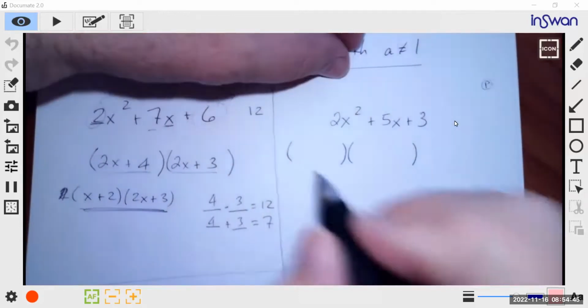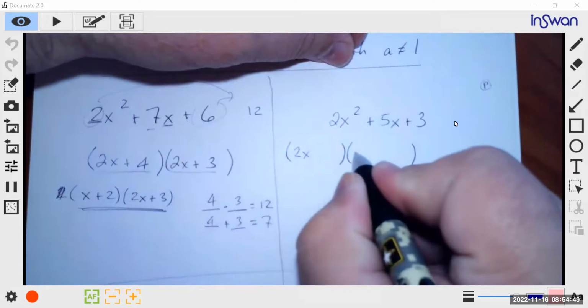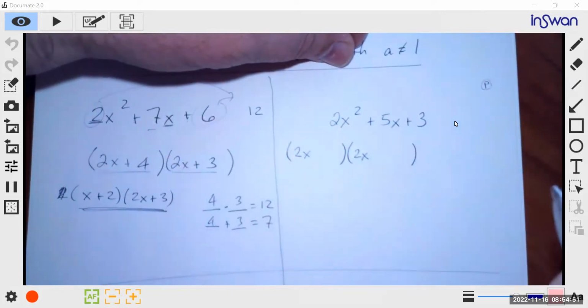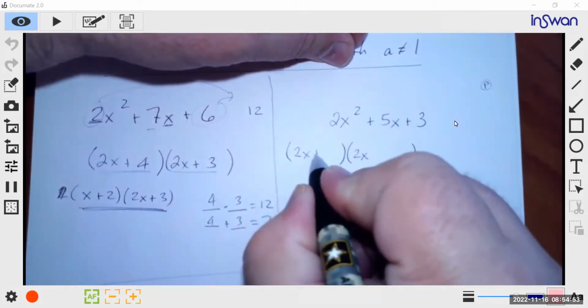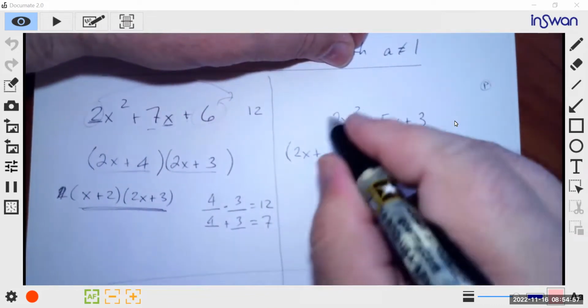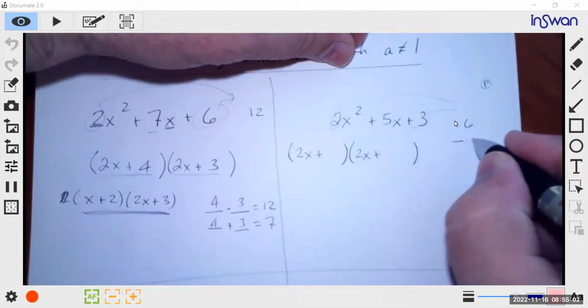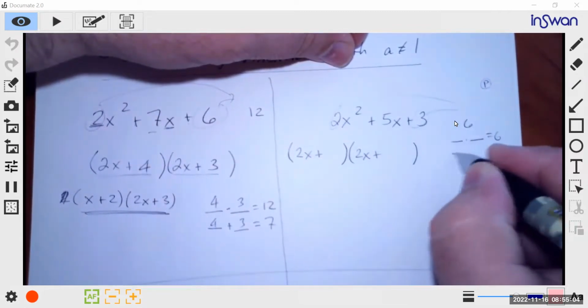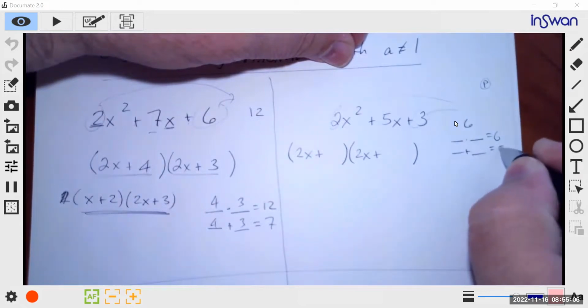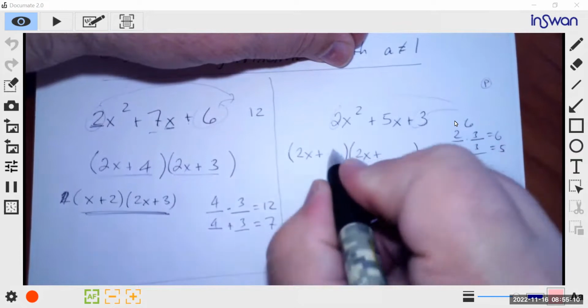Okay, what numbers go in first? 2x and 2x. What signs? They're both the same. They're both positive. 2 times 3 is 6. So what times what equals 6? When you add them, you get 5. 2 and 3.